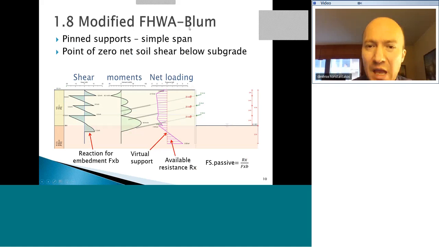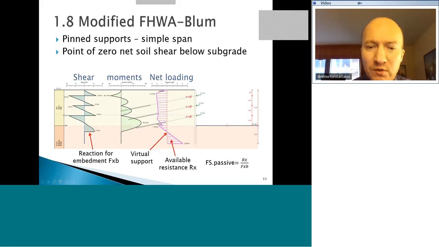Then there's the modified FHWA Blum method. One of the things with the FHWA approach is that we're not assuming that the wall is really continuous. The method is taking it from the top of the wall to the bottom support like a single beam, whereas we're doing a simple span below and another simple span below the lowest support, all the way to wherever that virtual support is assumed.